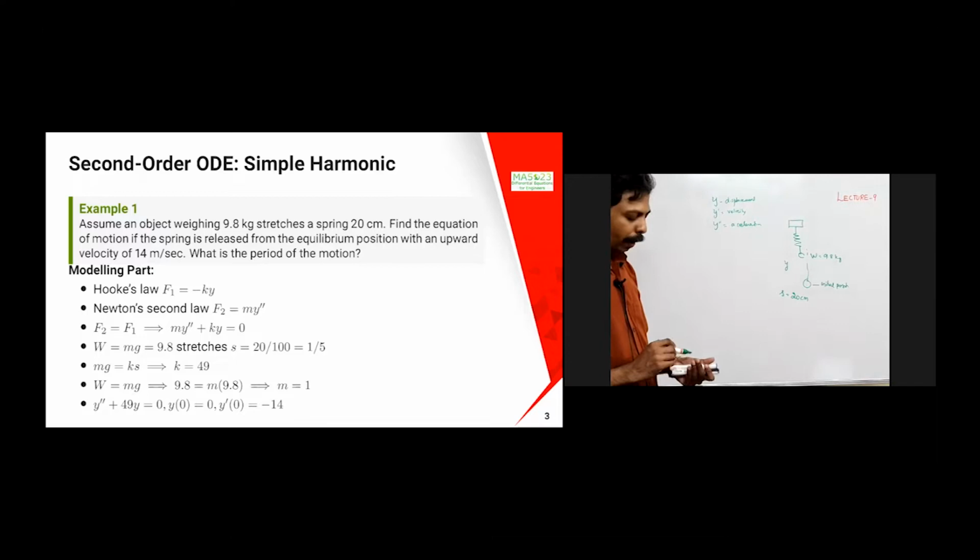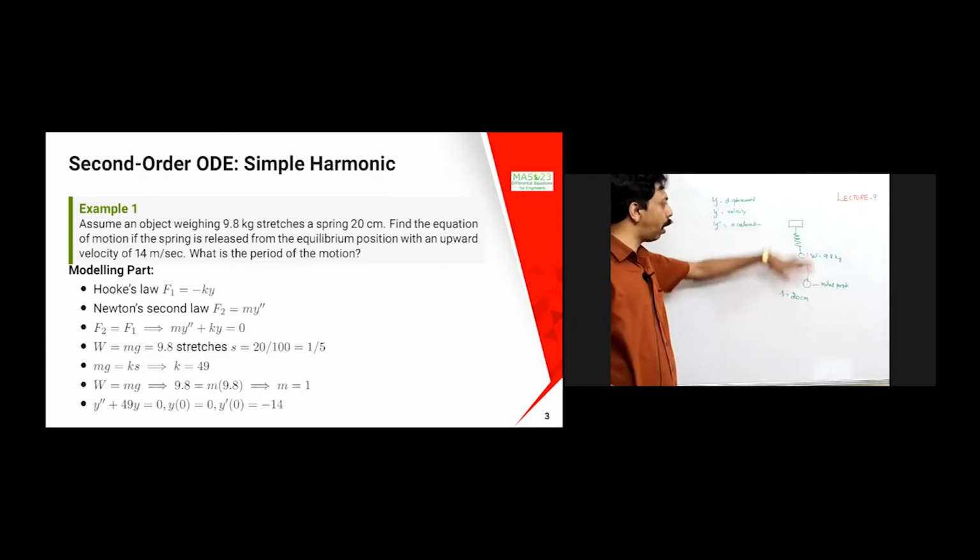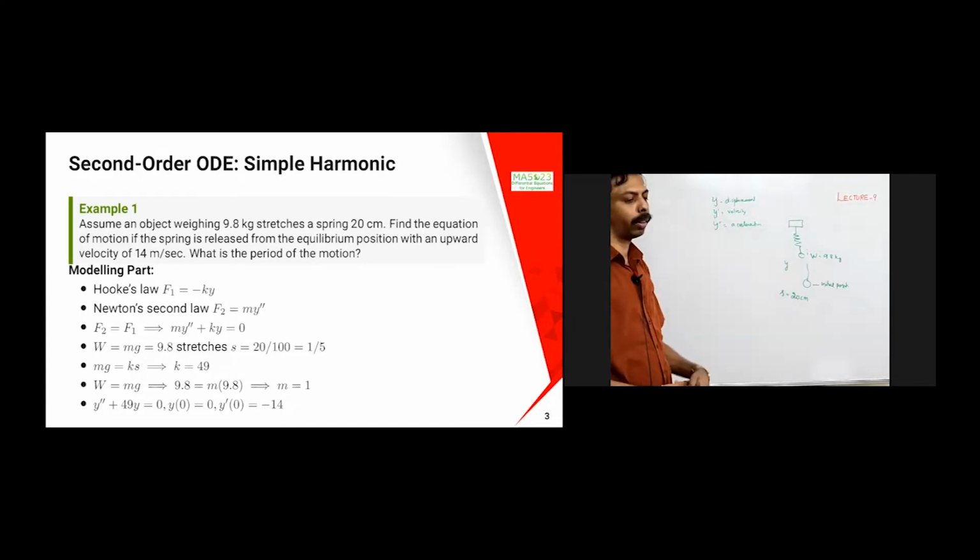Now what I have to do is find the equation of motion. You have to find how the iron ball, or the spring, or the mass is going to move once I release the ball from the equilibrium position.